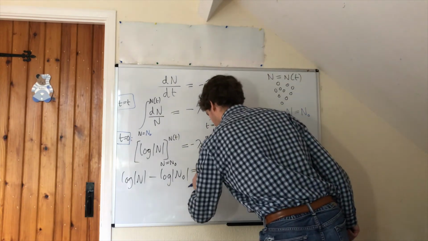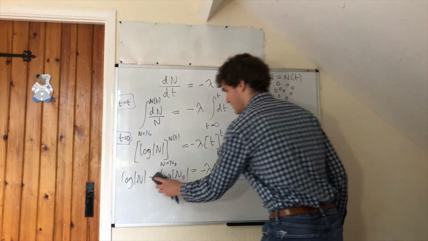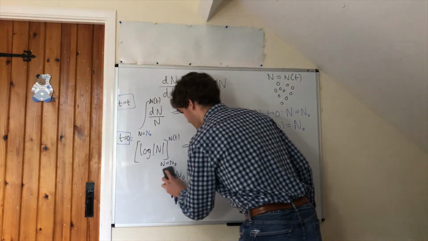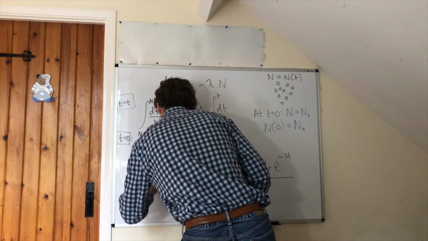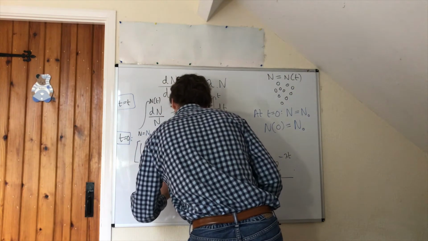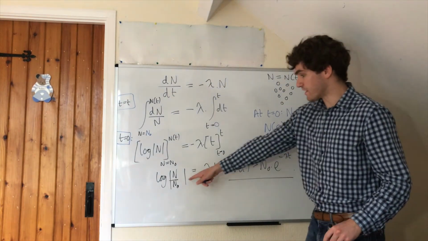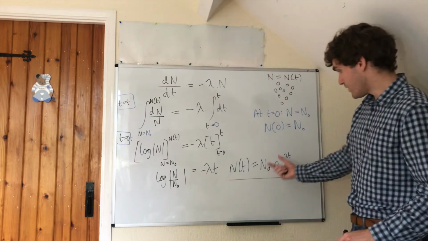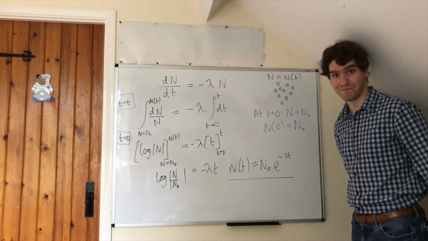So we get minus lambda times t there. And again, we can combine the logarithms. So we get log of n over n naught is equal to this. And again, if you take exponents of both sides, then you get this equation, and you return the solution that we had when we took the plus c.